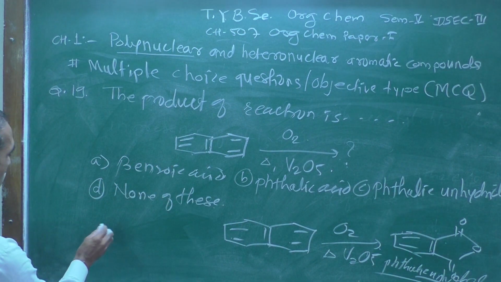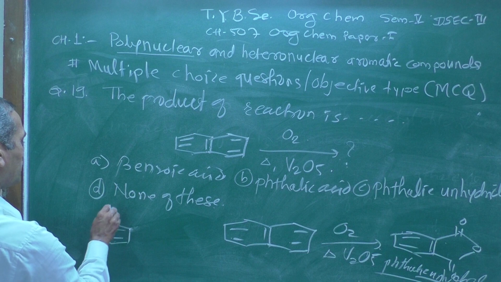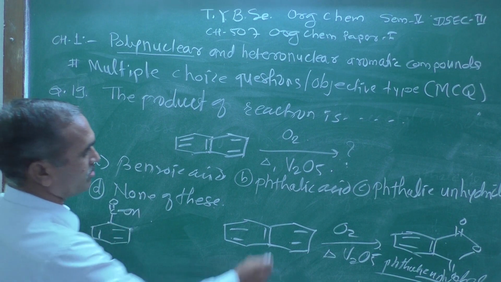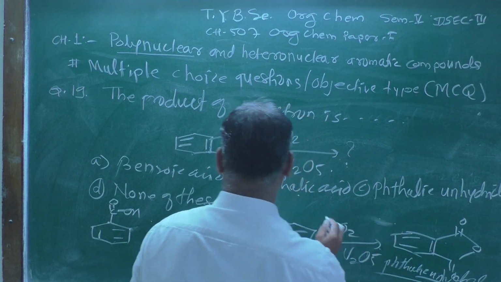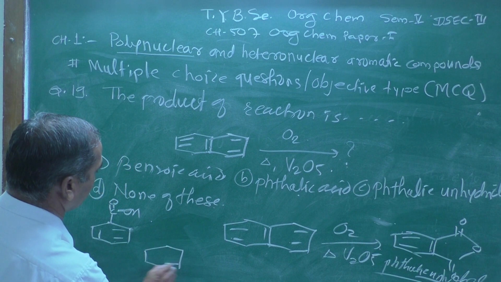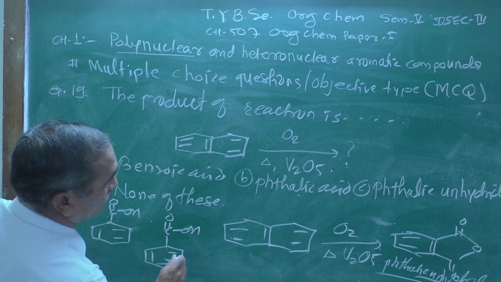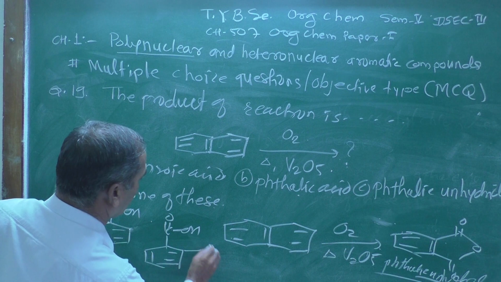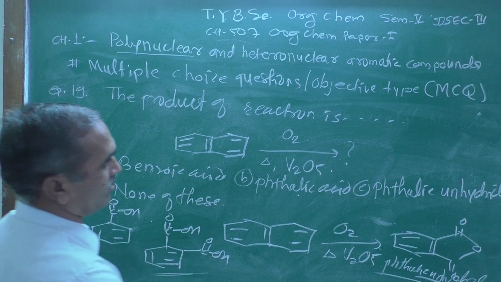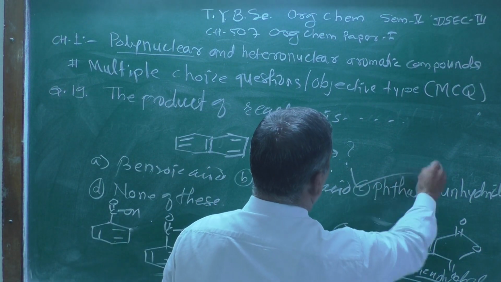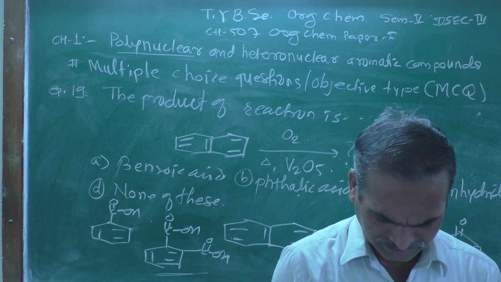The structure of benzoic acid would be like this, C=OH, benzoic acid. Then phthalic acid: you can draw C=OH at 1 and at 2 position C=OH. This is the structure of phthalic acid. So now phthalic anhydride, this is the structure, and therefore option C would be the correct answer for this reaction.